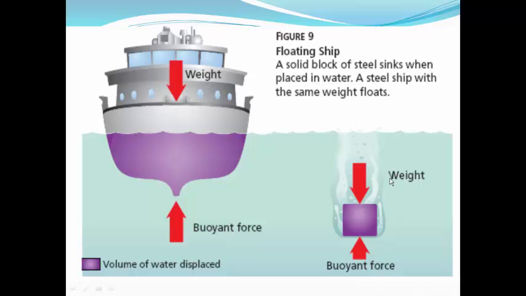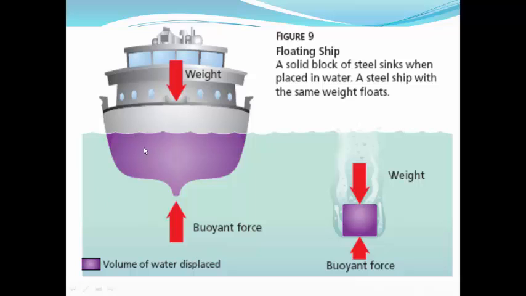Whereas if we had all of that steel placed into a tiny area, a tiny volume, then we have a smaller volume here, so we have a greater density, and so the object's going to sink.